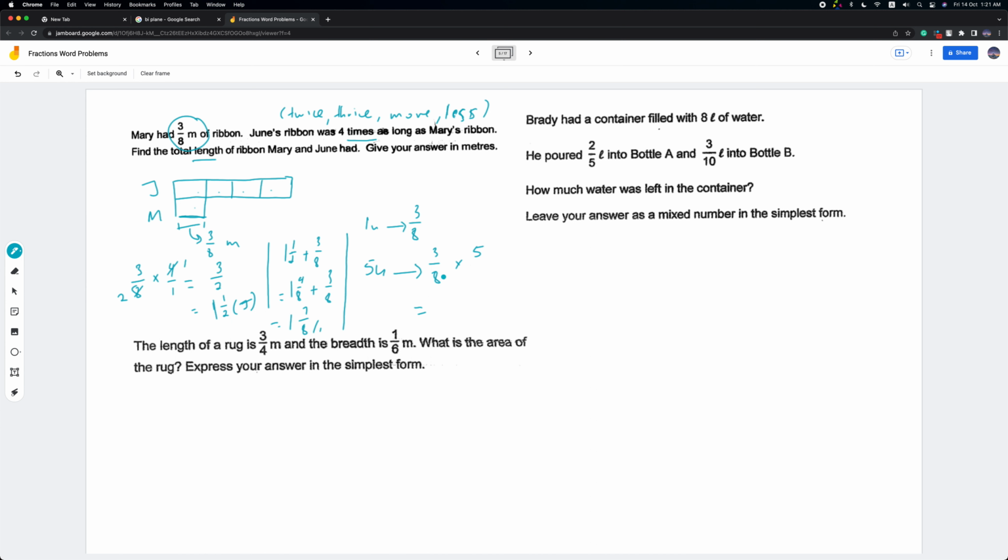So you straight away multiply the numerator with the numerator, denominator with the denominator. So you get 15/8. Again, do not leave your answer in improper fraction. Leave it in mixed number. So you get 1 7/8. And don't forget the units, because that will cost you half marks.